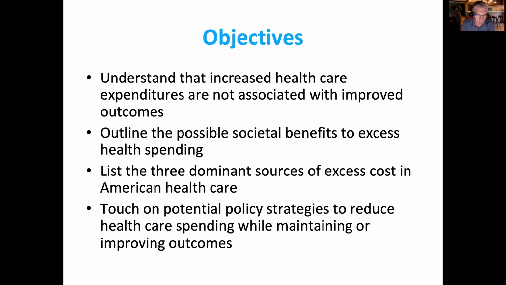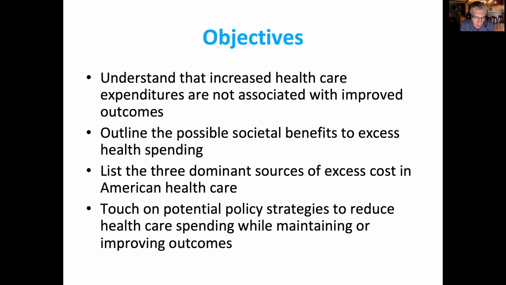Before we're done here in the next 45 minutes or so, I hope everybody understands that just spending more money on healthcare is not necessarily associated with improved outcomes. There are a few possible societal benefits to excess healthcare spending, but they are few, and I think we can probably name them all, and we'll try to do that. I want everyone to identify what the three dominant sources of excess cost are in American healthcare versus our peer countries.